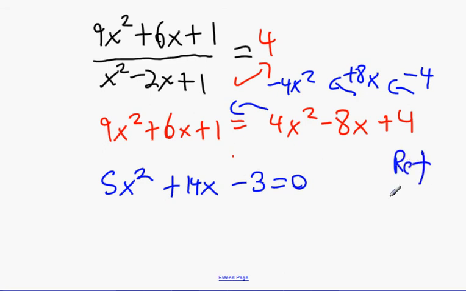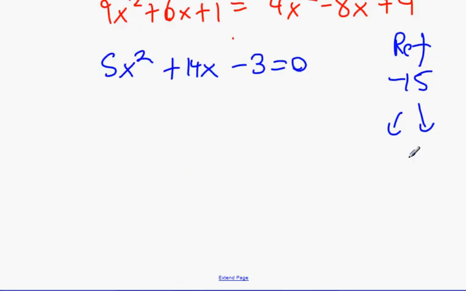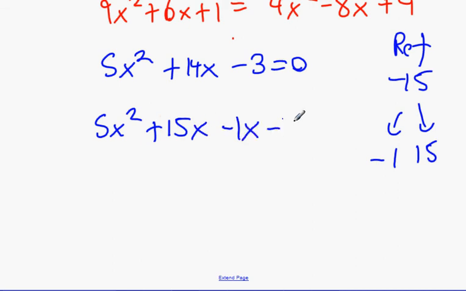Reference number of minus 15. Minus 15 gets broken up into the following. It gets broken up into 15 and minus 1. 5x squared plus 15x. Remember, it doesn't matter which way I put them around. Same answer comes out. Equals 0.